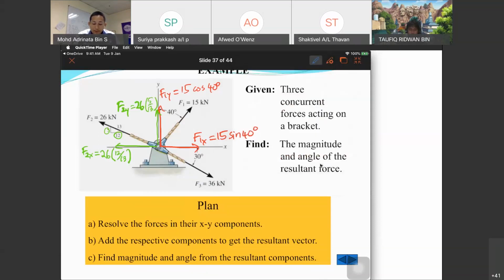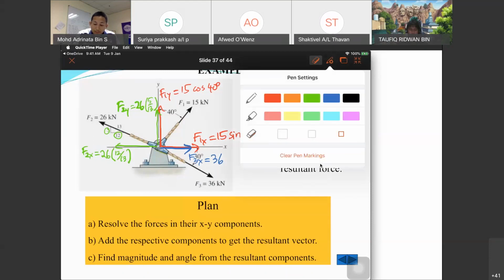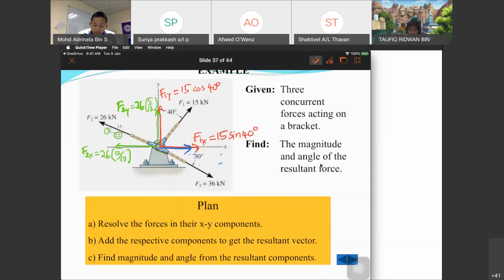Then you have your 36 kilonewton. Then you need to break it into F3x equals 36 sine or cosine. Okay, F3x equals 36 cosine 30 degree.